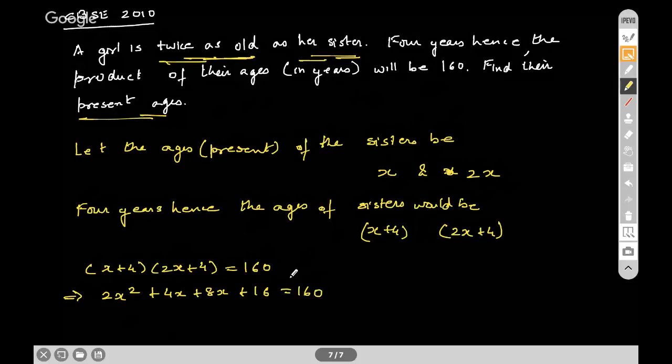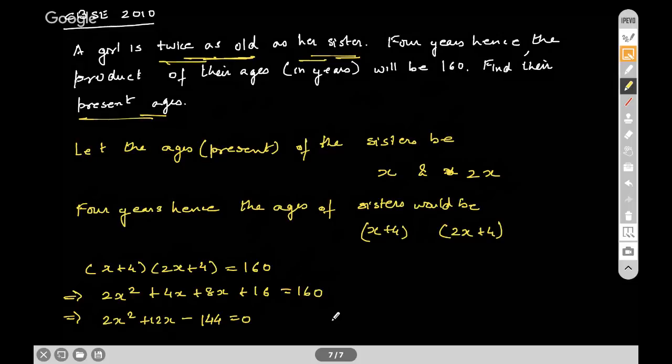Let me quickly check whether it is correct. 2x squared, that's correct. Then 4x, that's correct. 4 into 2, 8x, that's also correct. And 4 into 4 is 16, which is equal to 160. So this implies 2x squared plus 12x minus 144 equals 0.